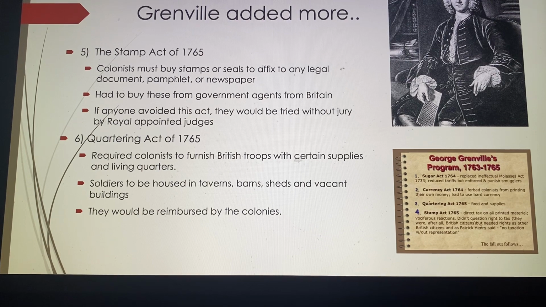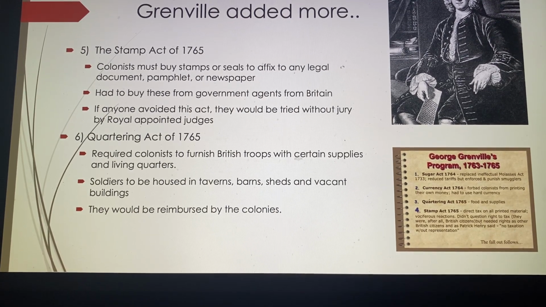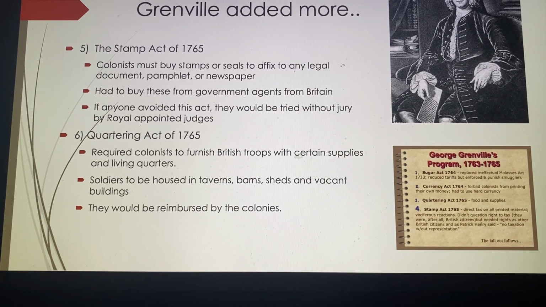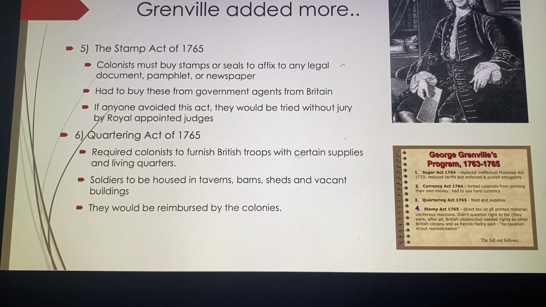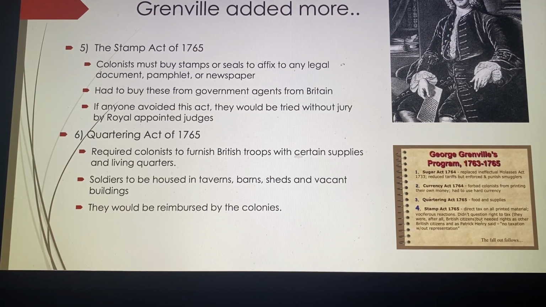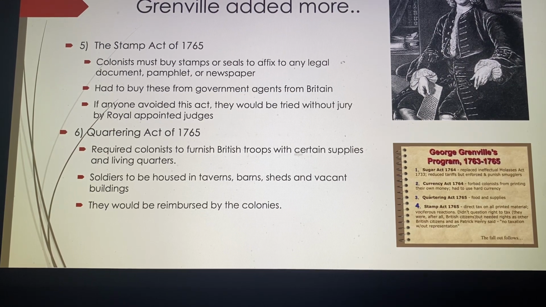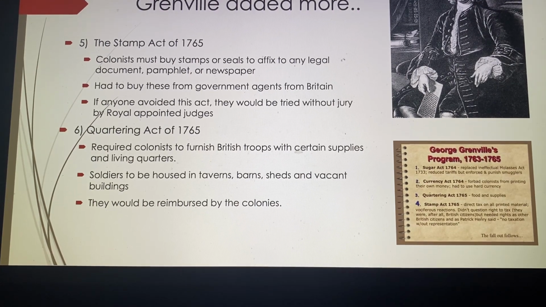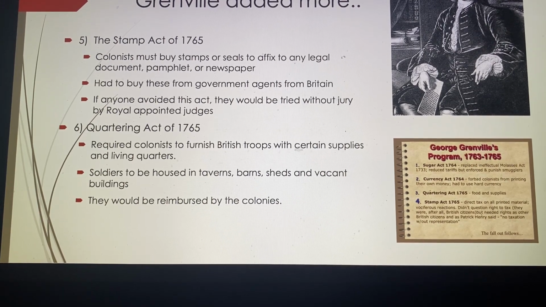The Quartering Act of 1765 was another thing. It required colonists to furnish British troops with certain supplies and living quarters. So when the British troops came to America, they would have to have supplies from America, and they'd have to have a place to stay, and Americans would have to give it to them.